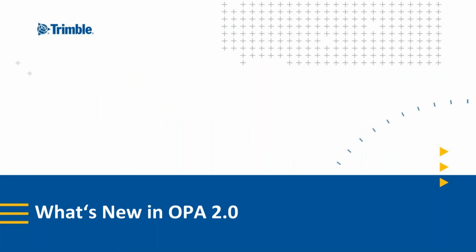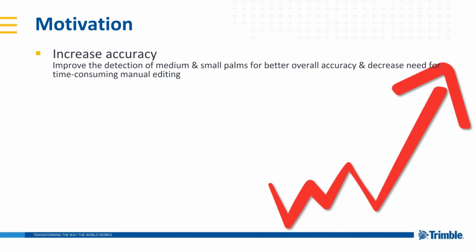So what's new in version 2.0 of the oil palm application? Well, we had several motivating factors when developing the software and improving what we had obviously done in version 1.3. First of all, we always strive to increase our accuracy, improve the detection, particularly of medium and small palms, to improve the overall accuracy, and decrease the need for, say, the time-consuming manual editing that typically took place for these smaller palms.